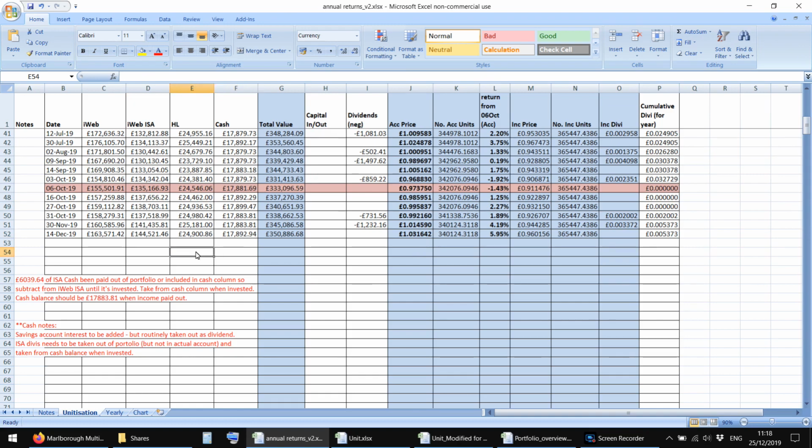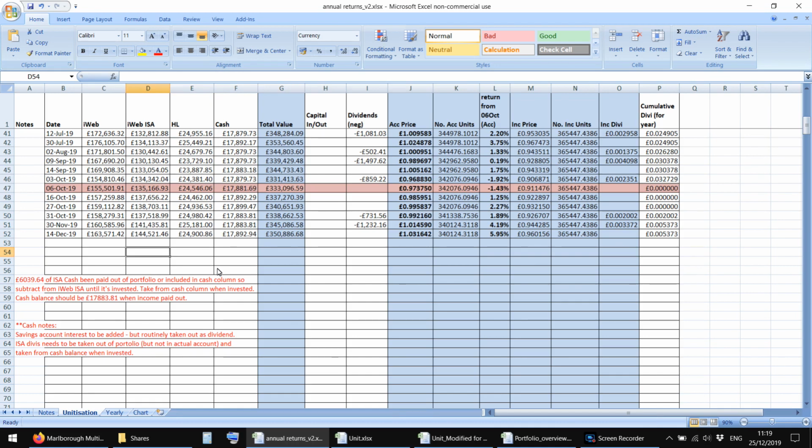Because I see that money as being investable, I think it's important to keep it in the portfolio tracking. If at some point, say the market dropped by 50%, I might see that as a really good opportunity to get the rest of this 17 grand odd into the portfolio. That would have been an investment decision, which will affect how well my portfolio does. So I think it's fair to keep that amount of cash being tracked.